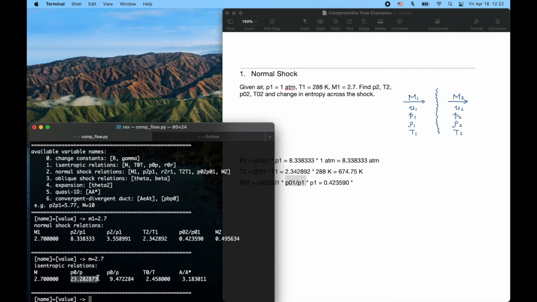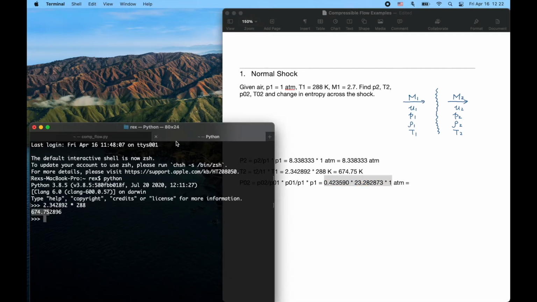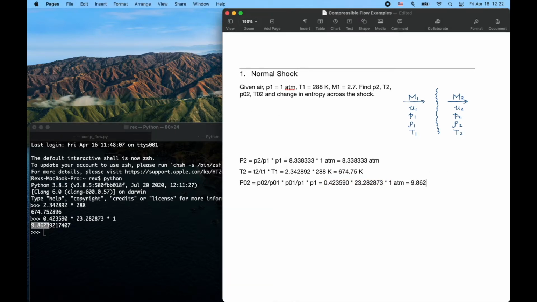So this. Let's get the result. This is just like that.